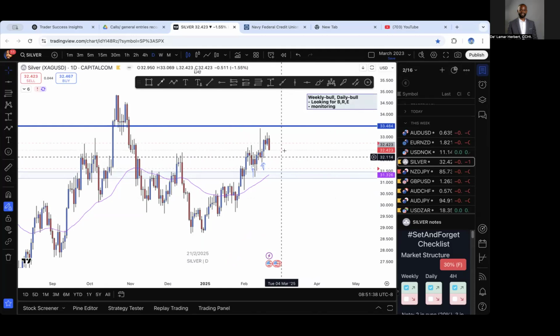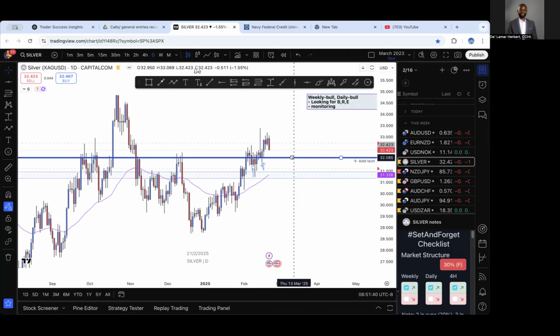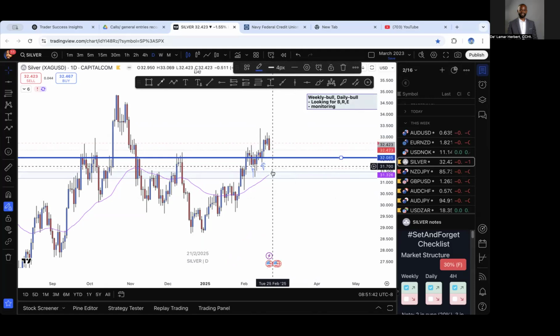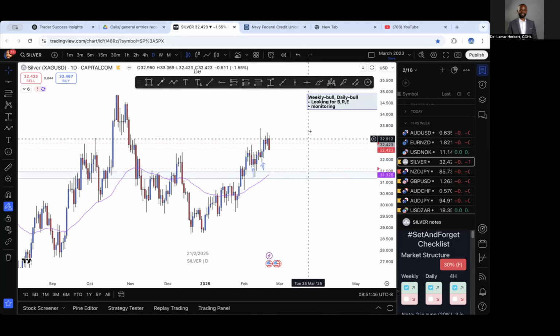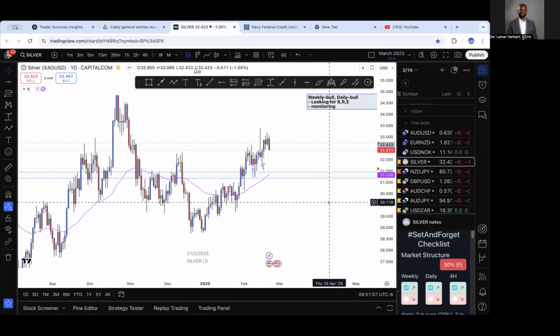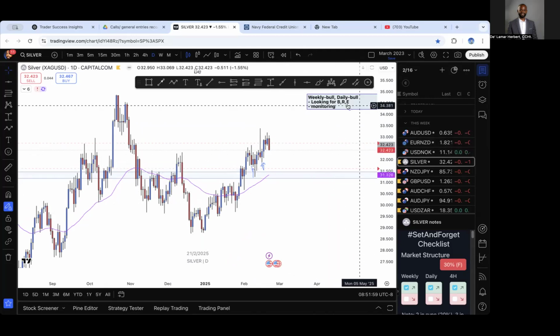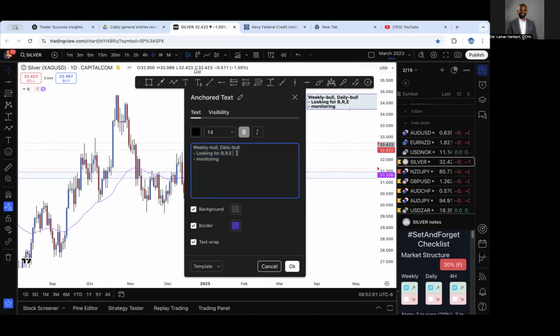So if it's still in sync around this area right here, if it doesn't pass this area, because obviously that'll be a structure shift there. I would count that as a structure shift. Then we'll just monitor for right now because it's kind of unclear, and I wouldn't be looking for break retest and everything right now. I think I was jumping the gun on that one.